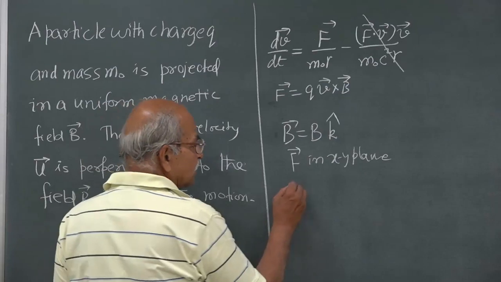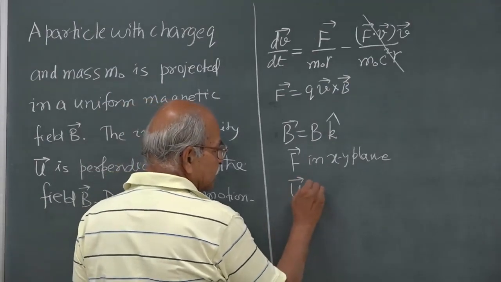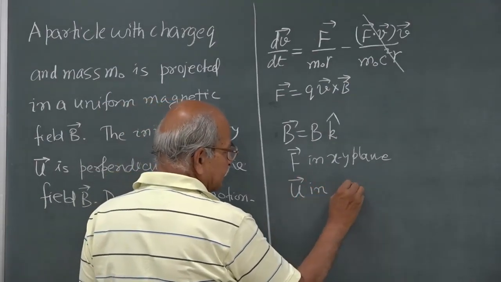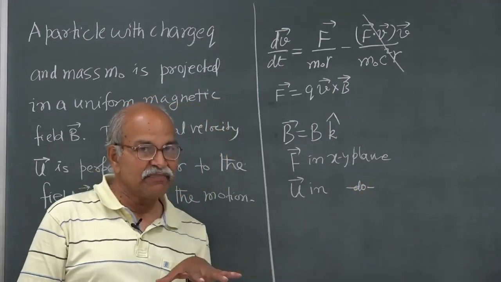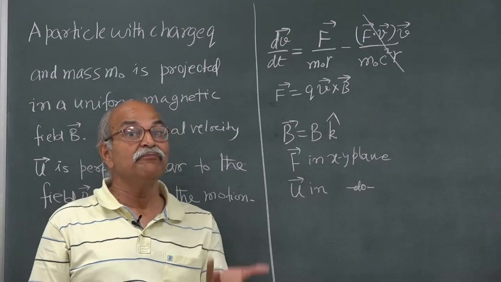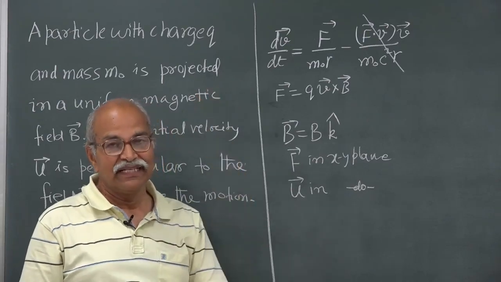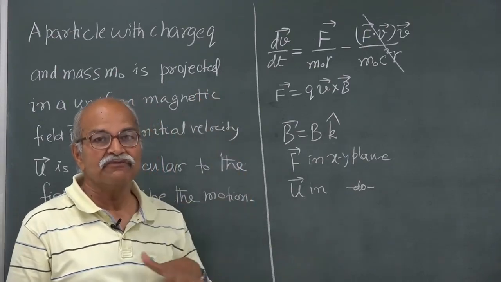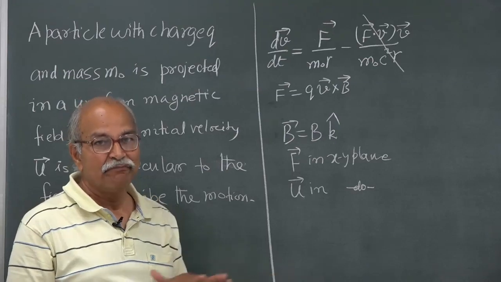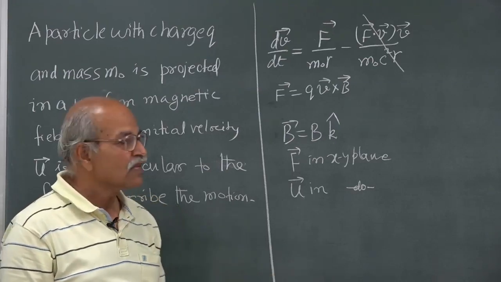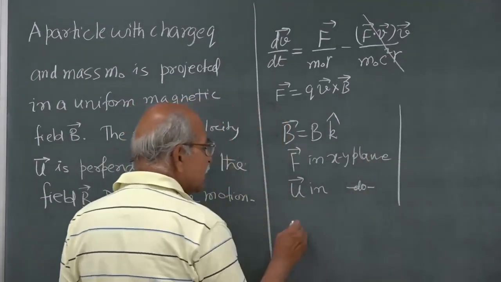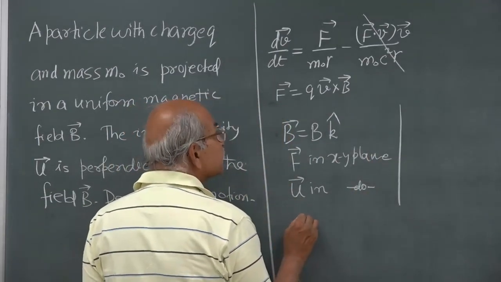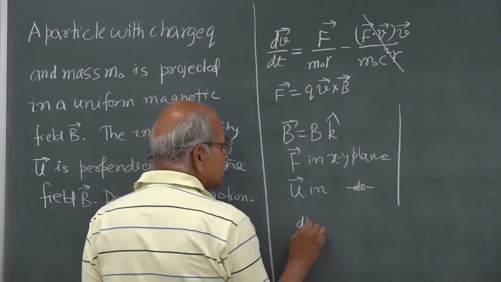If the initial velocity is in the xy plane and the force is always in the xy plane, there is no way it can pick up a z component, and hence the first thing is the entire motion will be in the xy plane. And then we can analyze and write what dP dt is.